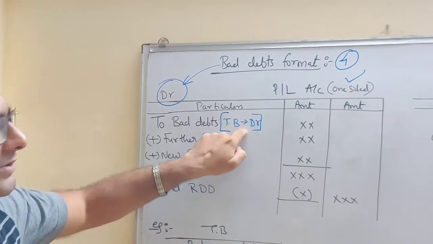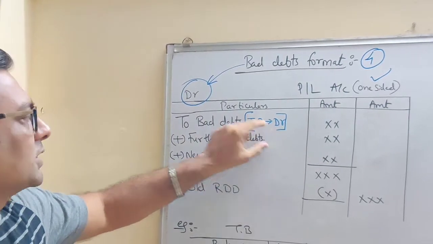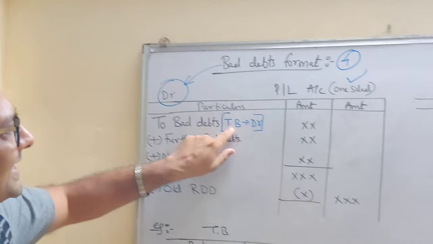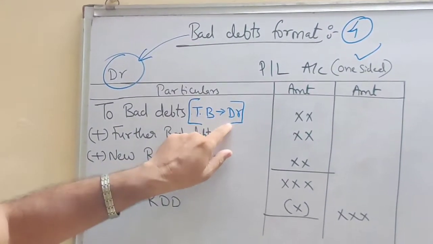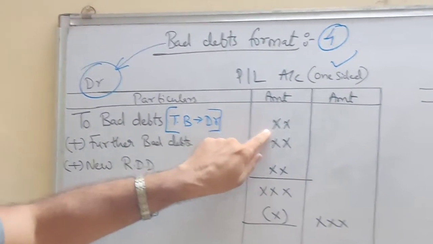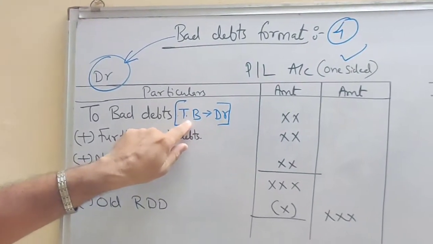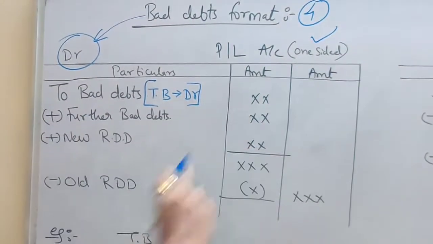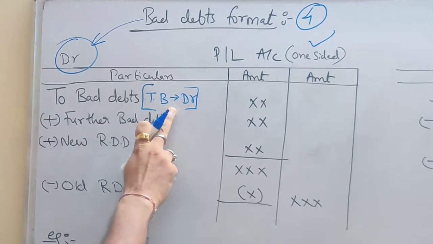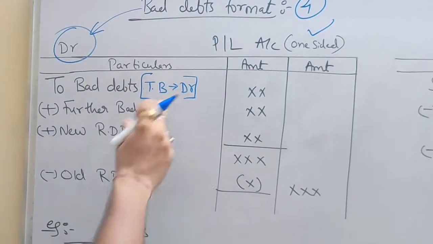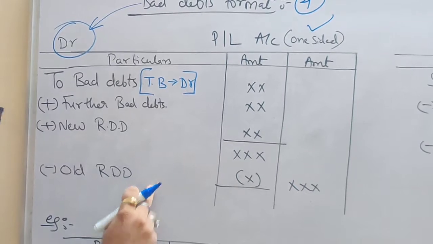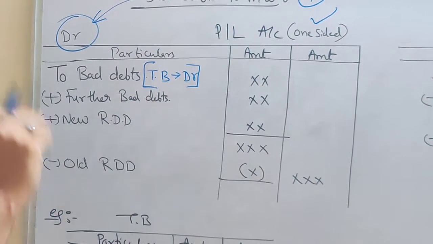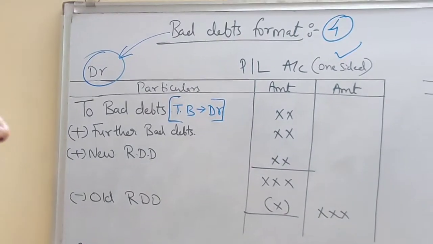This is the address which I have written in the bracket. So in every sum, you will find bad debts always inside the trial balance, and the amount will be given in the debit column. Am I clear with this part? So students, when you are copying this format, I want you to also copy these brackets, because they will make you understand where it will be given in the sum. That is also equally important.